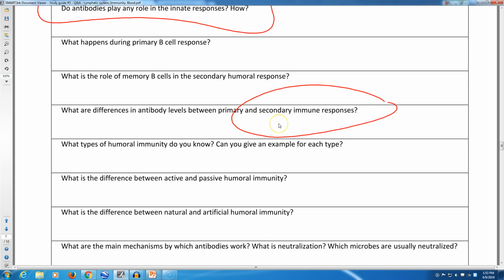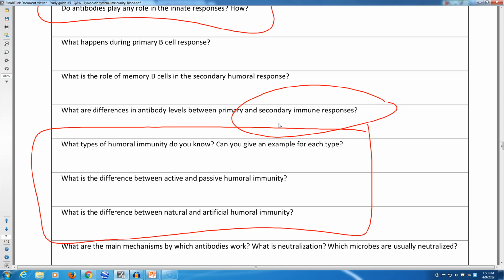Now this one, types of humoral immunity. Vaccine is an example of artificial active. Infection is an example of natural active. Am I clear?